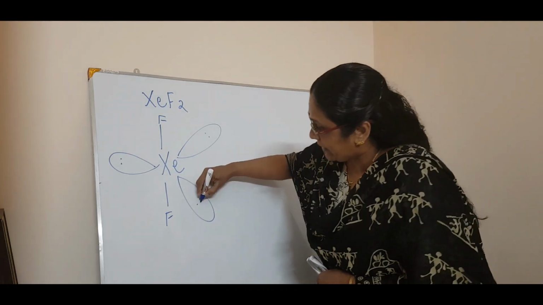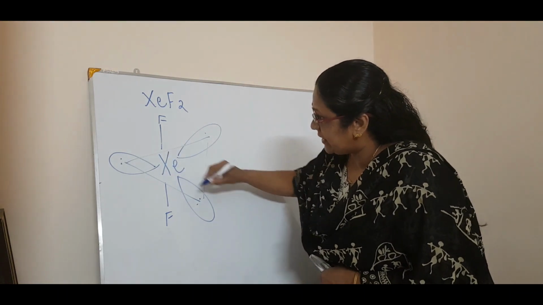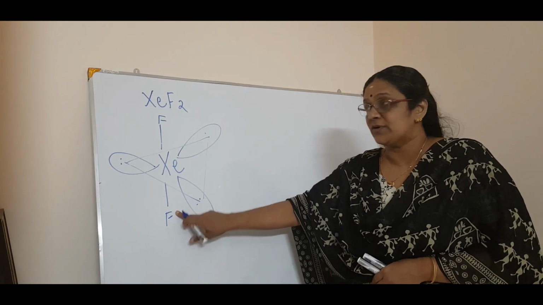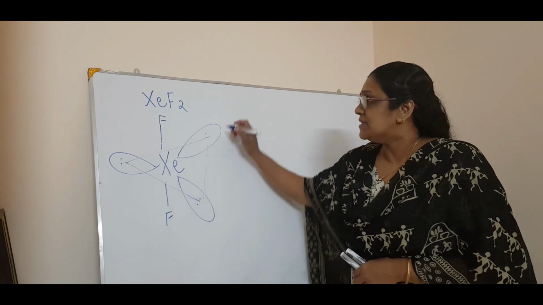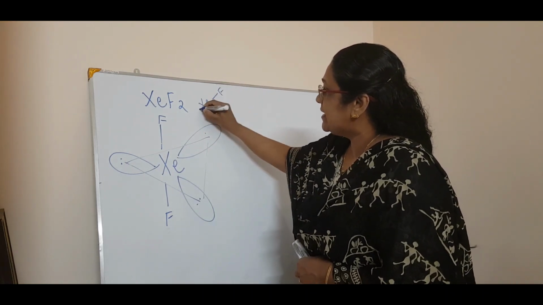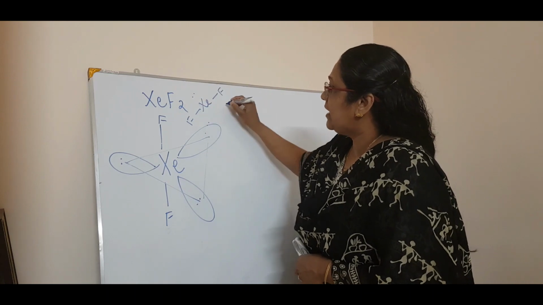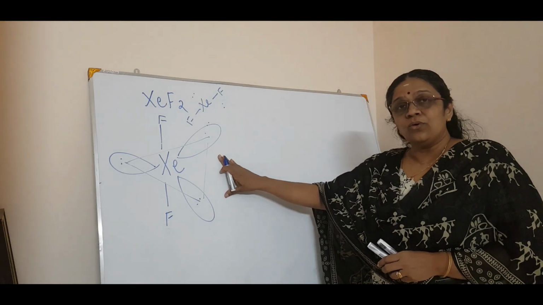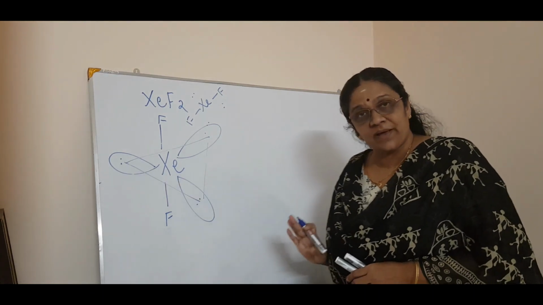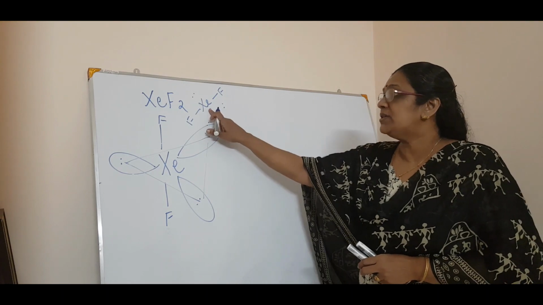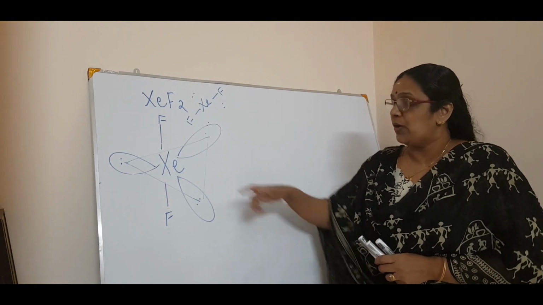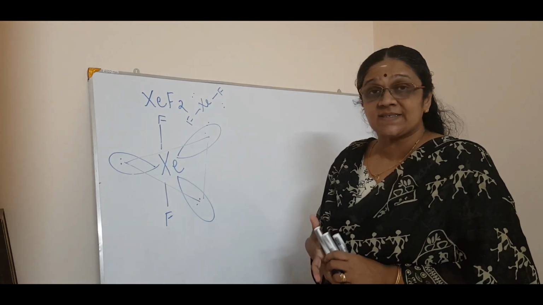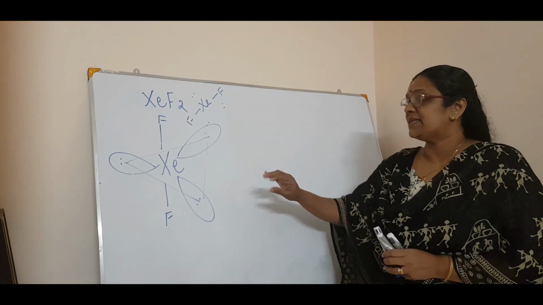That is trigonal bipyramidal in the sense it has got a triangle and these two. So three equatorial lone pairs and two axial fluorine bonds. That is, it is simply a linear structure. You can write it as F-Xe-F, but having three lone pairs in the equatorial position. And in the examination, you have to show these equatorial lone pairs. Very, very important. If you only draw it linear, you won't get marks. You have to draw three equatorial lone pairs and two axial bonds. Okay, so this is XeF2.